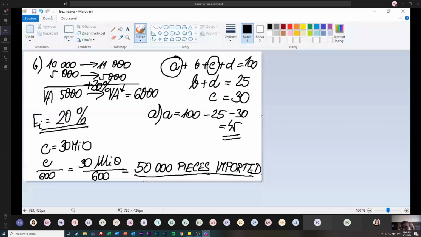Okay. And number 4, it's again terms of trade, what we have talked about before. The export price index of the country A in 2019 in comparison with the year 2010 was 102%. What does it mean? It means that the prices in export increased between 2019 and 2010.